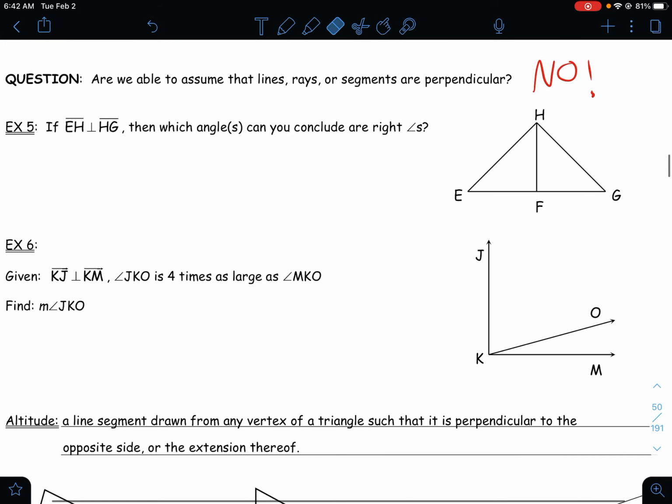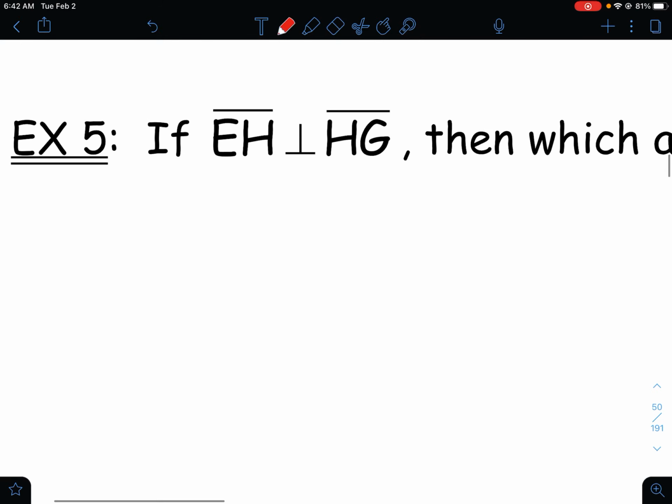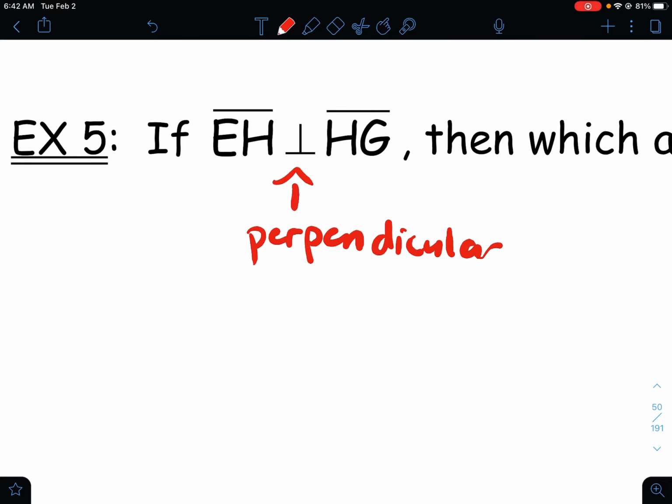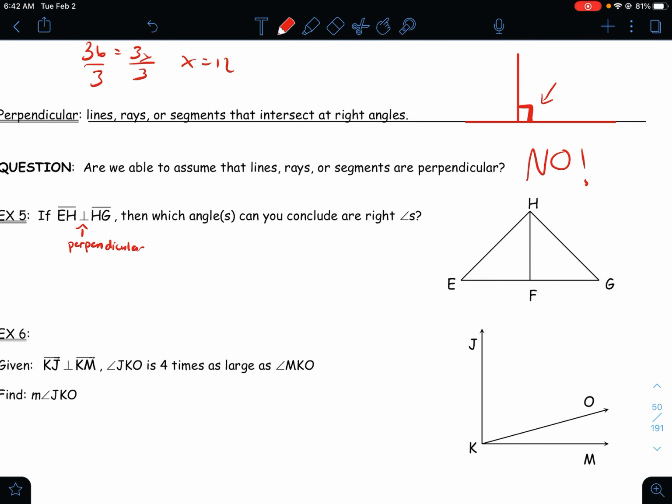So here for example 5, it says if EH, and this is actually a new symbol that we're learning, this is the perpendicular symbol, is perpendicular to HG. So what does that mean? That means that this angle here is going to be a right angle.